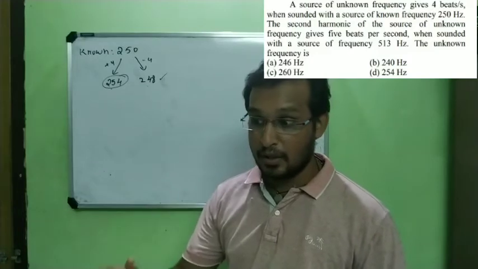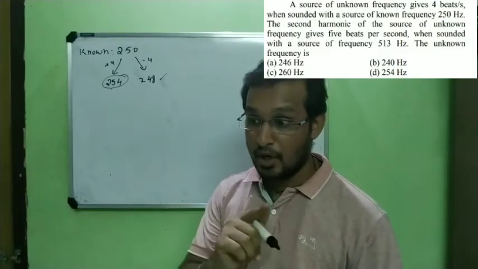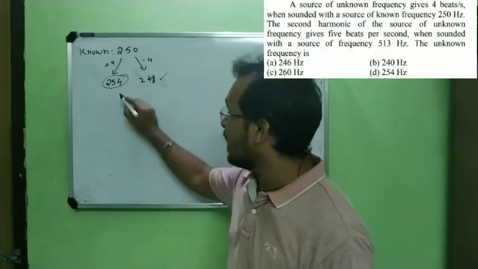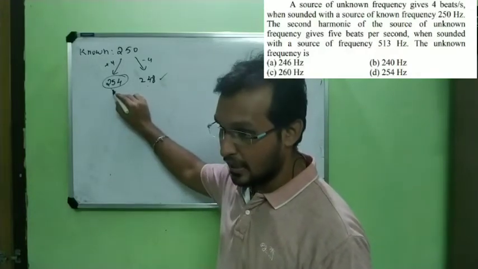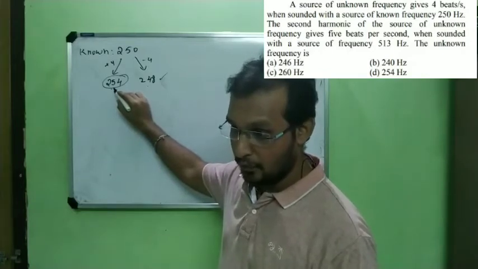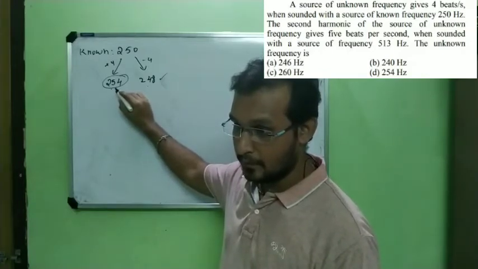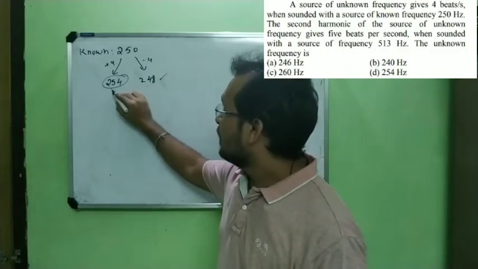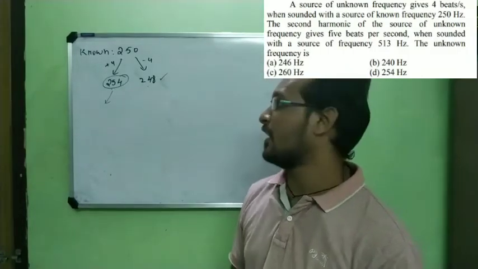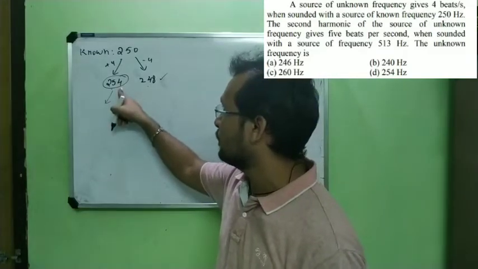The second harmonic of the source of unknown frequency gives 5 beats per second. What is the second harmonic? It means 2 times the fundamental frequency. What is 2 times 254?